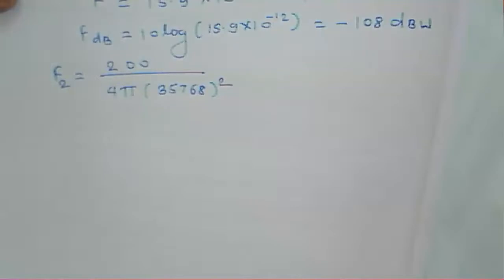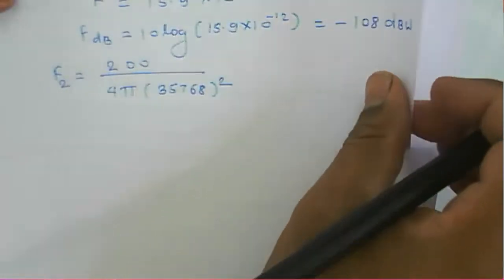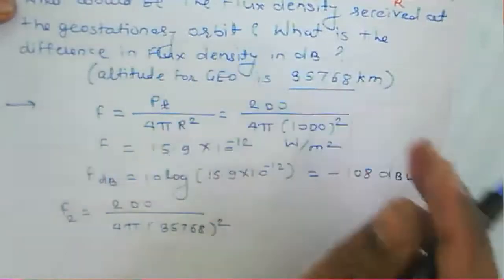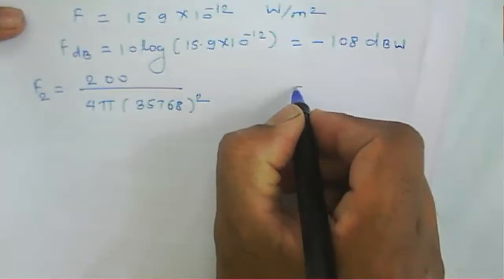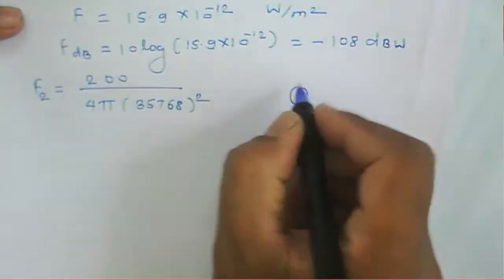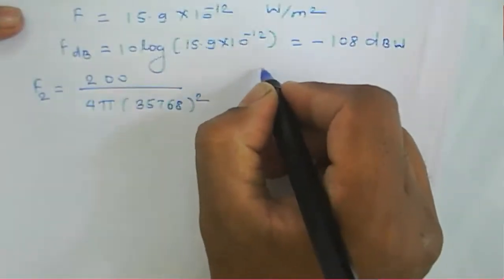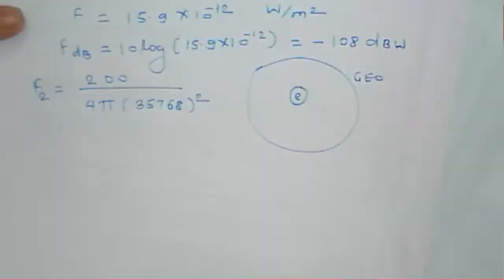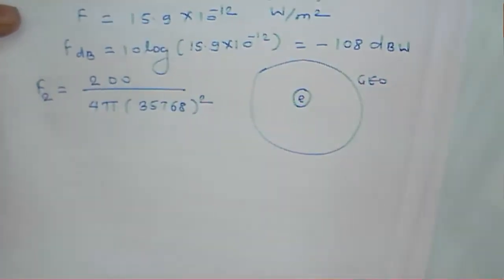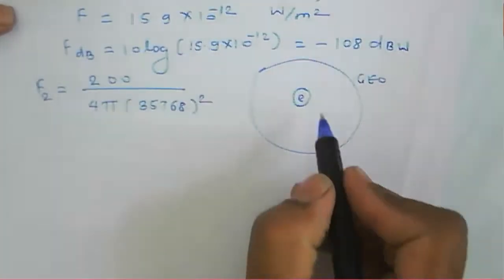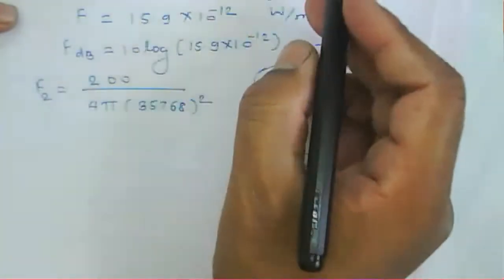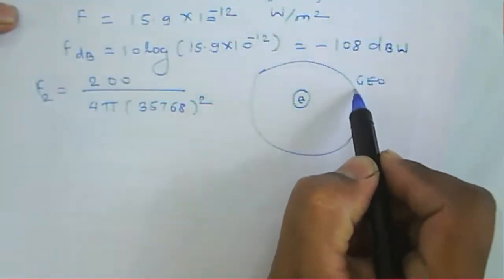So that is the flux density received at the geostationary orbit. Now in that case, we have the Earth here, and that orbit will be the geostationary orbit. What will be the flux density received at this particular orbit?